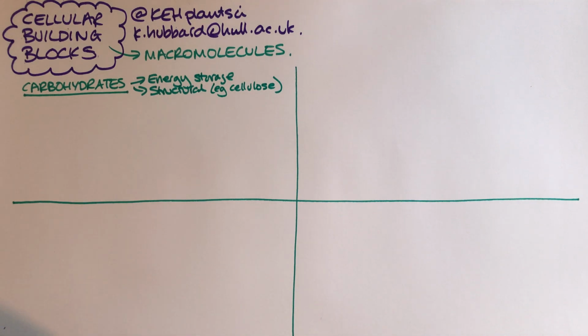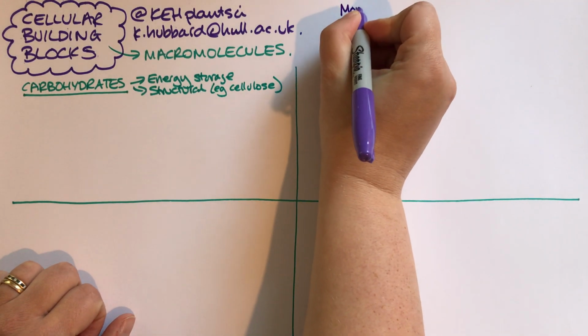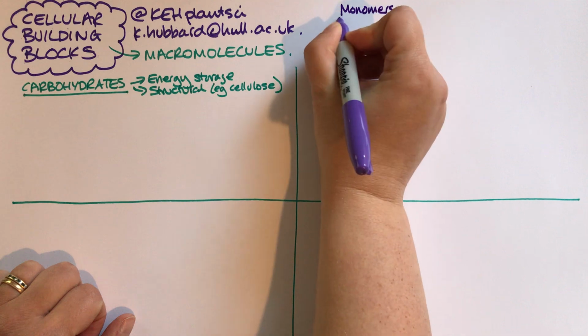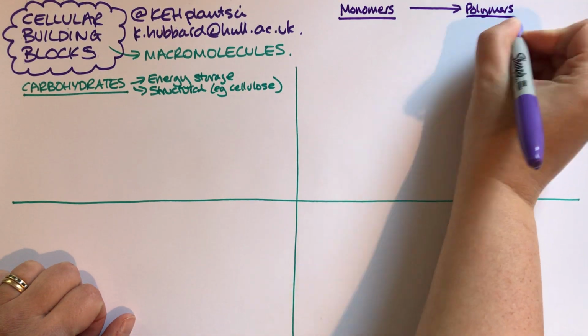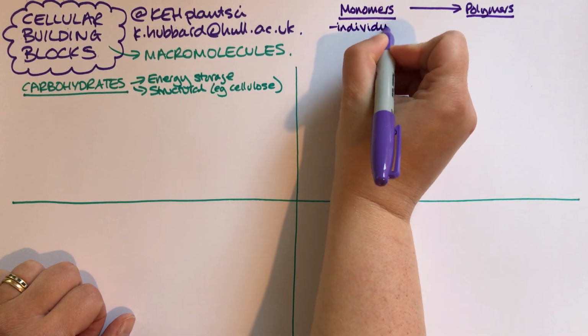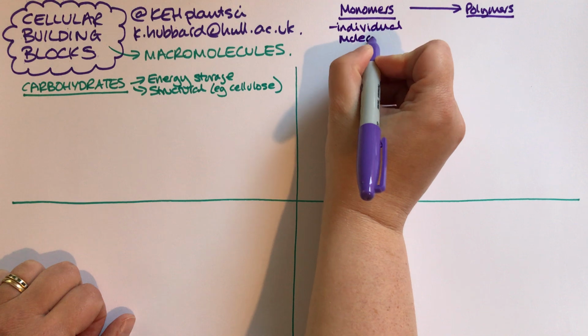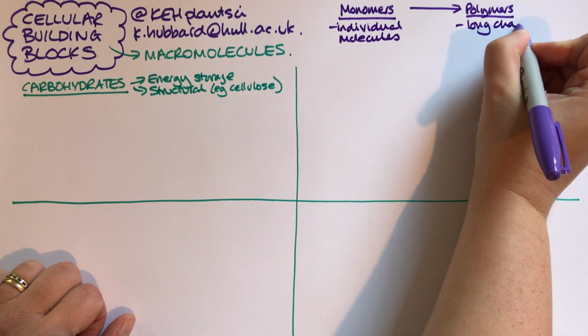When we're thinking about macromolecule structure, we need to think about monomers that get converted into polymers. So monomers are individual molecules, and polymers are long chains.